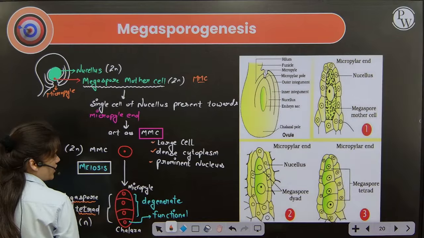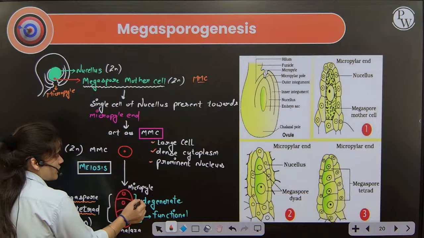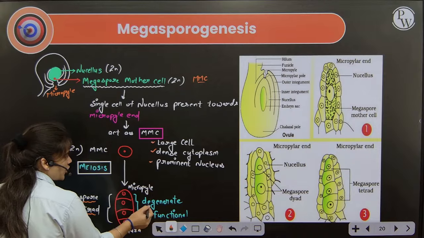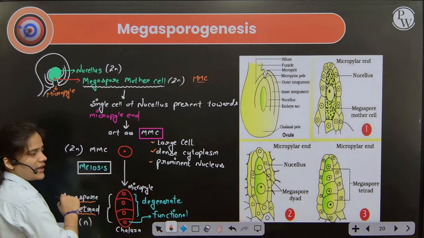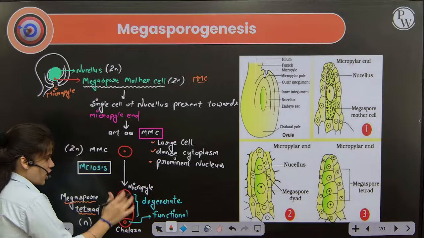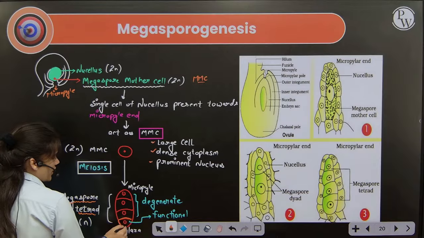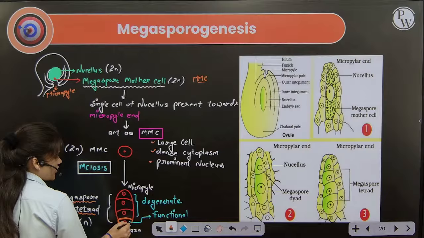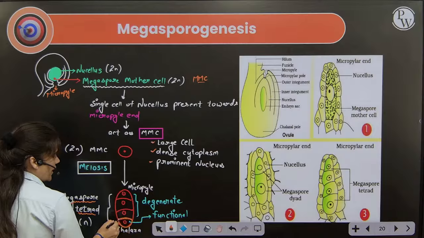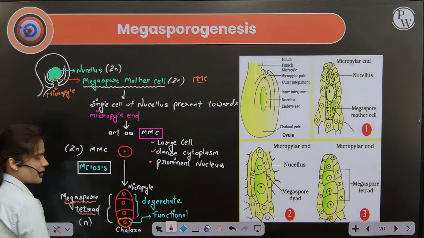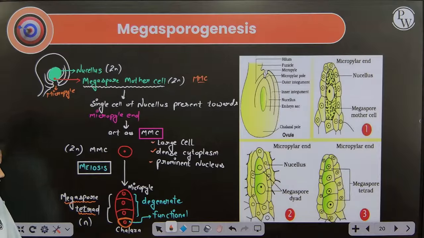Which three? Those megaspores present towards the micropyle end degenerate. Only one megaspore remains functional. This functional megaspore is going to form the female gametophyte, that is the embryo sac.